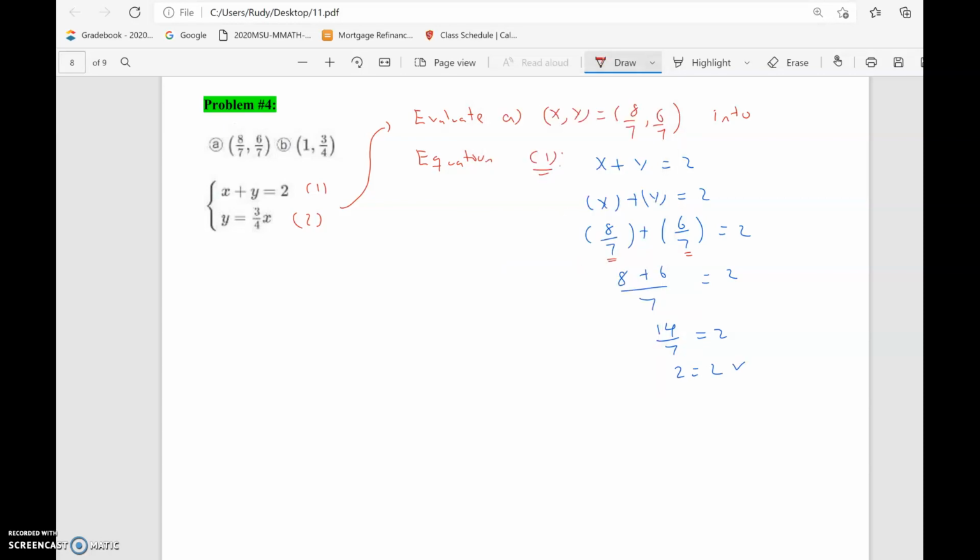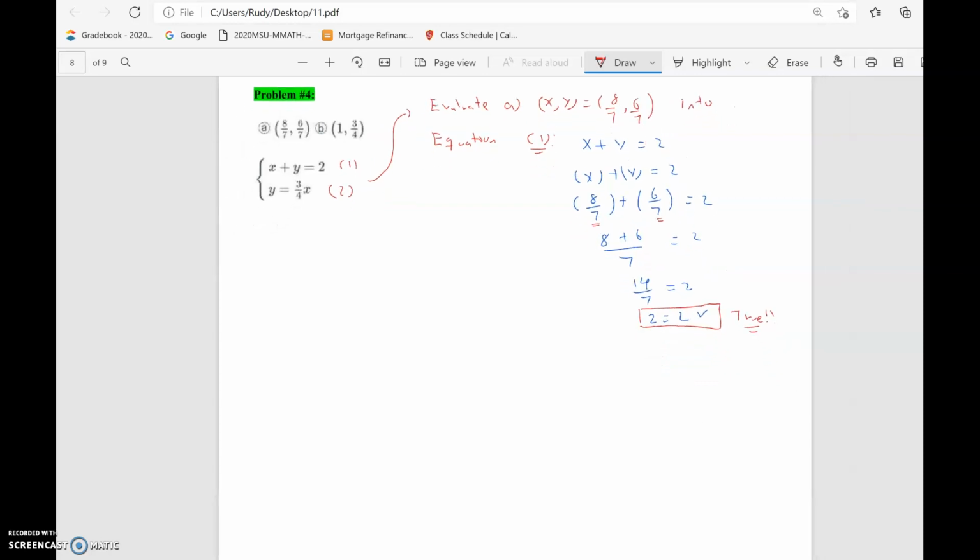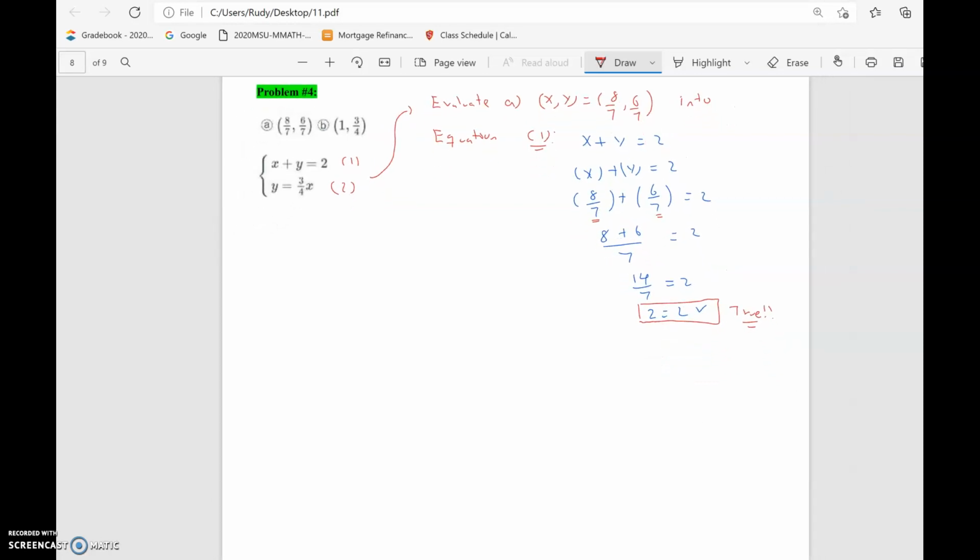Now, we cannot conclude here that this is an actual solution to the system. We now have to check equation 2.